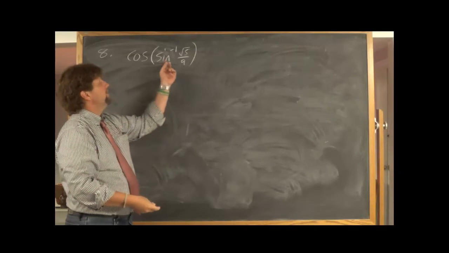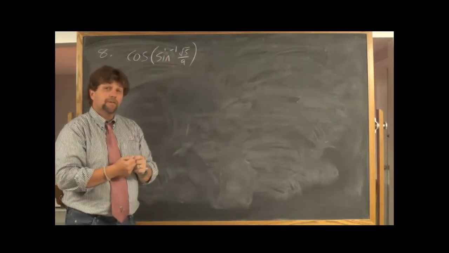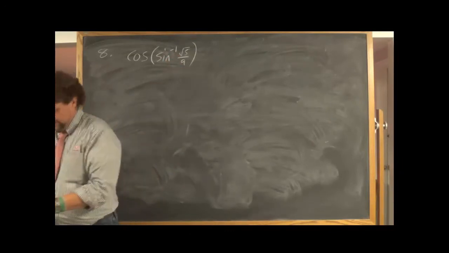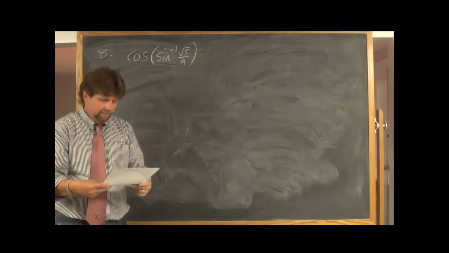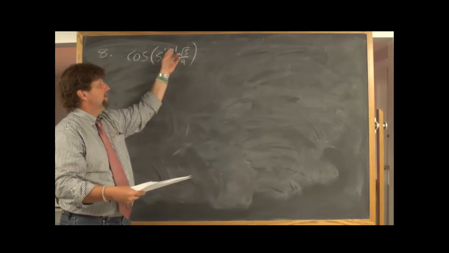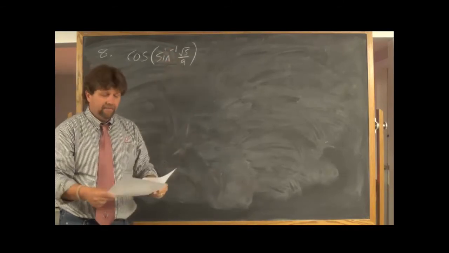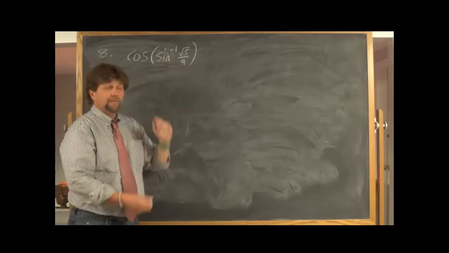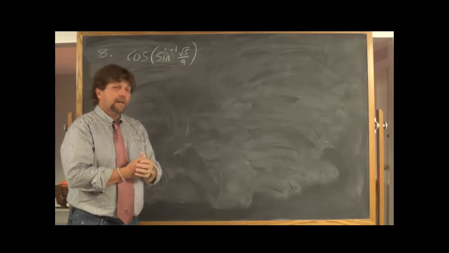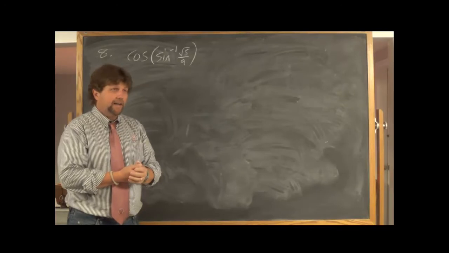If this were inverse sine square root 3 over 2, or as we saw in number 7, part B, inverse sine of 1/2, this is a pretty easy problem. But I don't know off the top of my head what inverse sine square root 5 over 9 is.